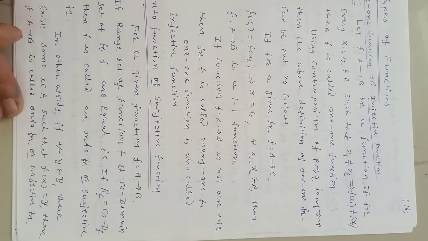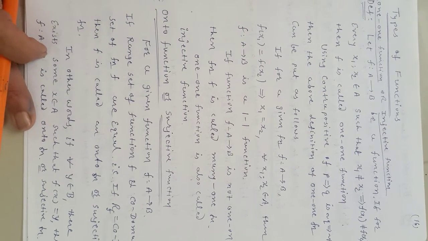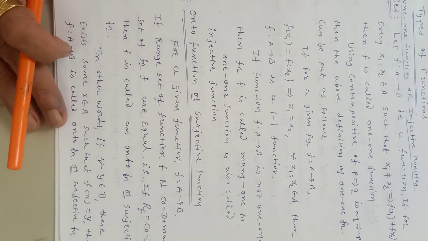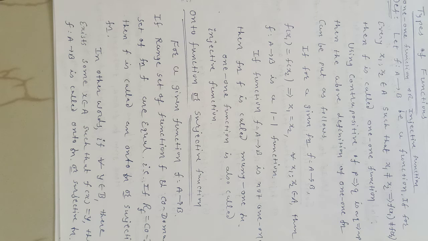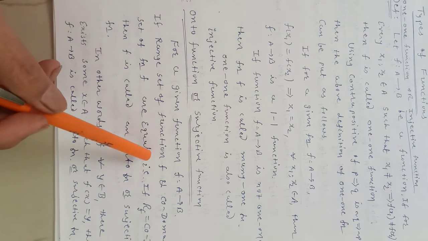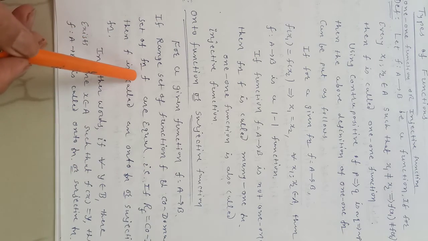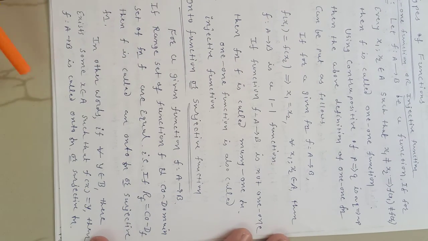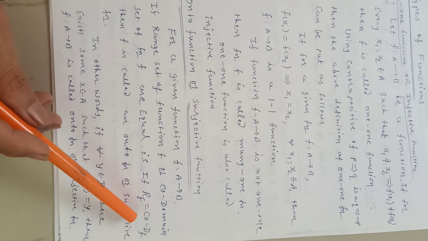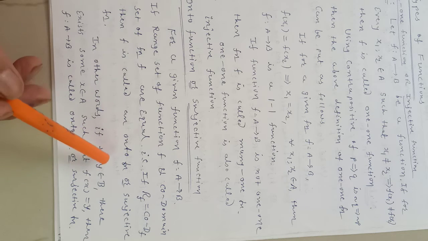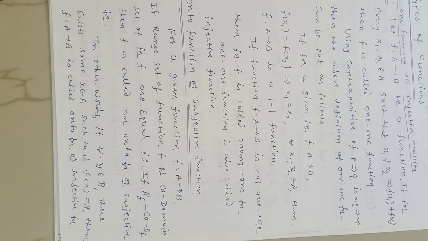Okay, now we go for another definition, that is called onto function or surjective function. Onto function or surjective function. Look at the definition. For a given function f from A to B, if the range set of function f and the codomain set of function f are equal, means if R_f equals codomain f, symbolically, then f is called an onto or surjective function.